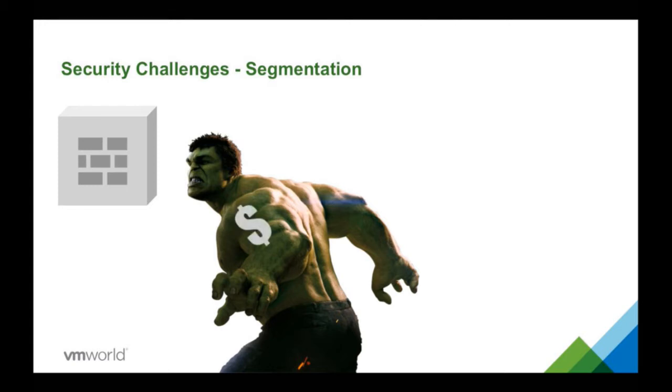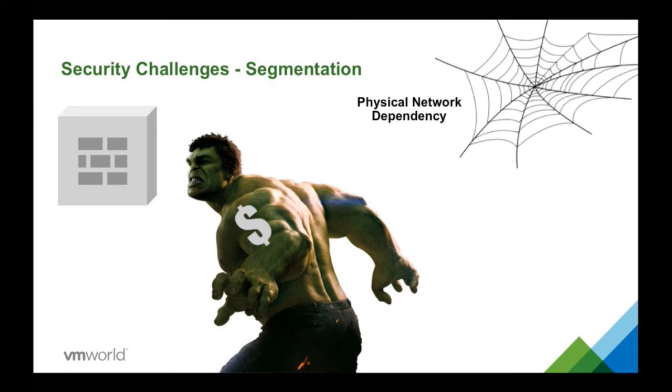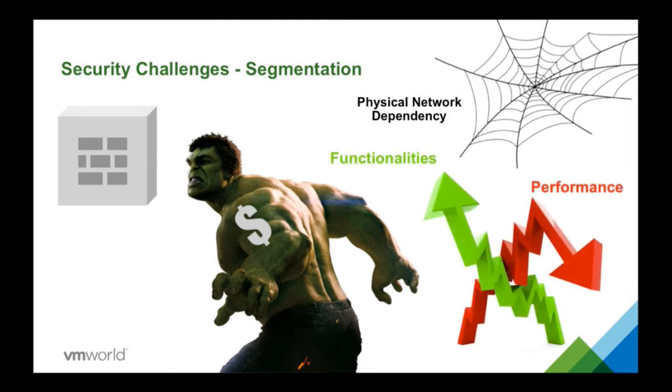And of course, this involves a lot of costs. We know that firewalls today have an elevated cost. Also, I have a dependency on my network. I have to create the VLANs and steer the traffic through the firewall. And with more functionality on those firewalls, the performance decreases, right?